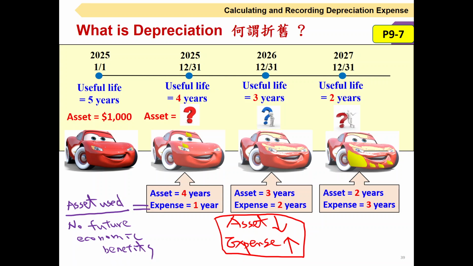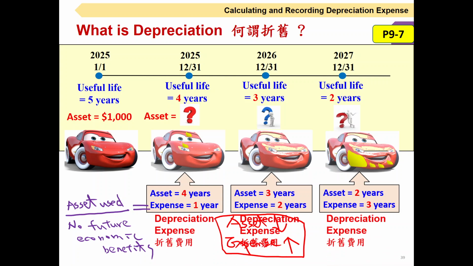And for this kind of situation, when I use my PPE, which makes our assets decrease and expenses increase, for the whole process we call it depreciation. So that depreciation for this kind of expense, we call it depreciation expense.